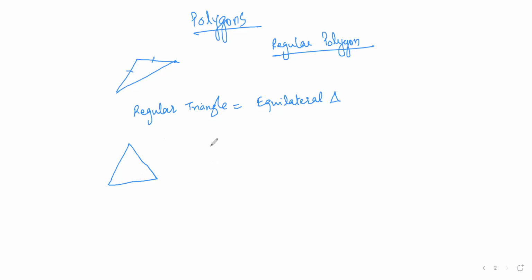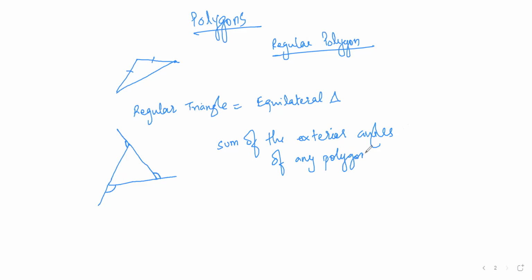If I were to extend this line out here, and then extend this line out here like this, and extend this line out here like this, then the sum of the exterior angles of any polygon is equal to 360 degrees always.